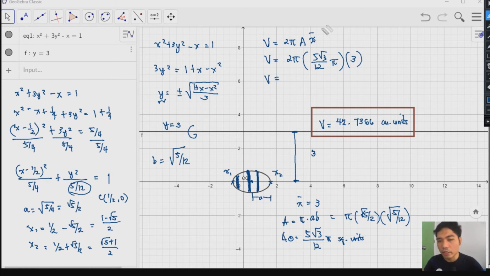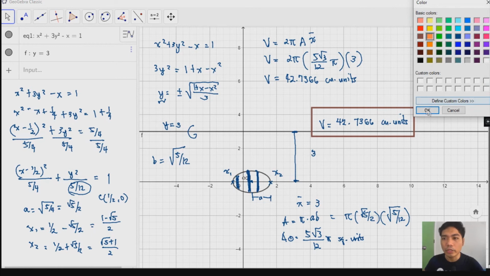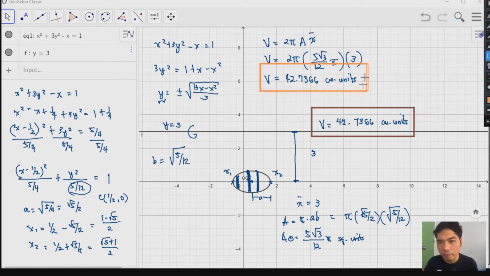So we could have cubic units as our final unit. So we could just multiply by 3 and then times 2 pi squared. So the answer is still 42.7366 cubic units.